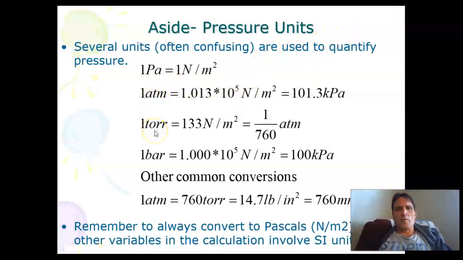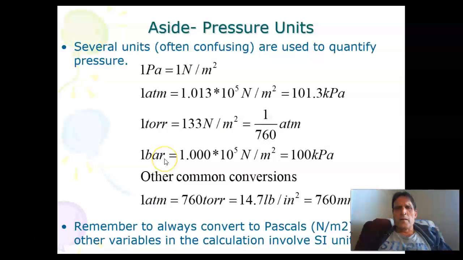If you're dealing with vacuum pumps, they'll often have units of torr on the vacuum pump, and that's kind of a weird unit. 1 torr is 1/760 of atmospheric pressure, or 133 newtons per meter squared. We're not going to do much with torrs, but in other subjects you may see this, and so here's a conversion factor.